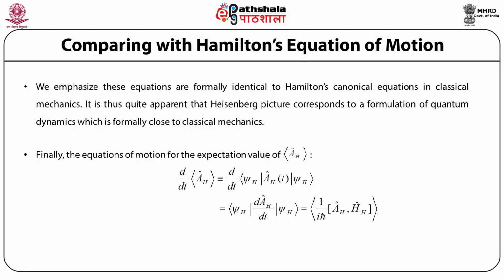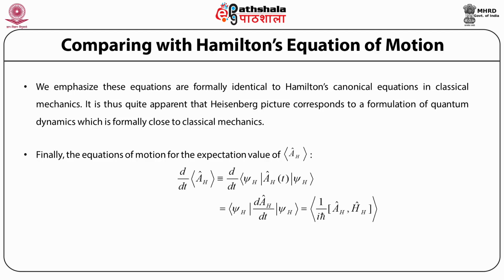And this can further be written as bra vector ψ_H, derivative with respect to time of the operator A_H, ket vector ψ_H, and this is equal to the expectation or the average value of 1 upon iħ times the commutator of the operator A_H and the Hamiltonian operator H_H.